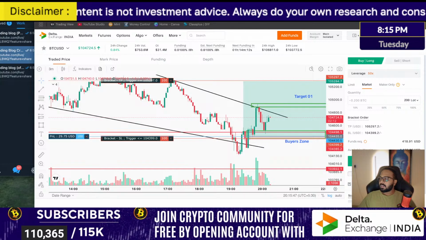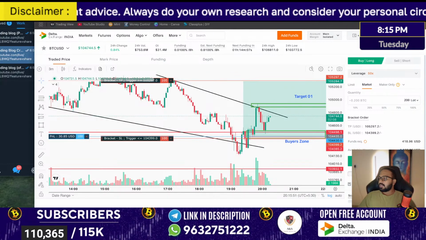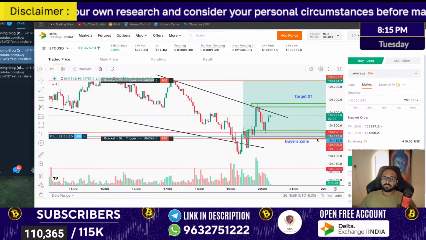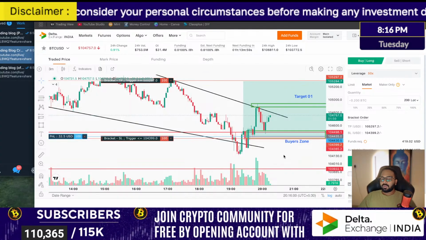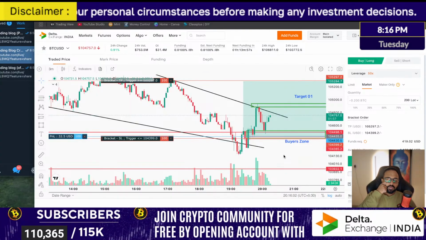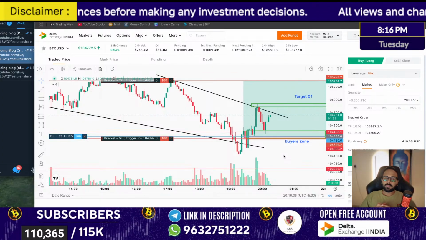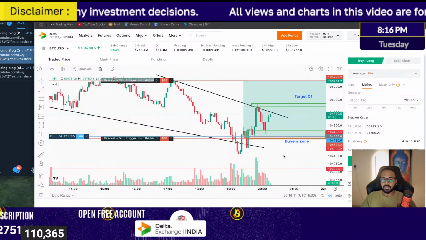S&P 500 at least has shown some recovery. Dow Jones has shown some recovery. This Nasdaq though... usually I don't give too much importance to Dow Jones because that's not a proper understanding of the market sentiment.